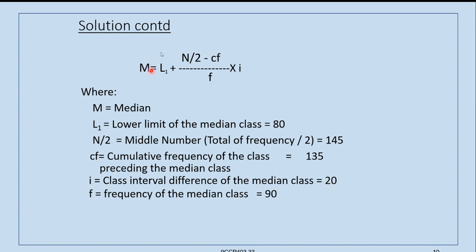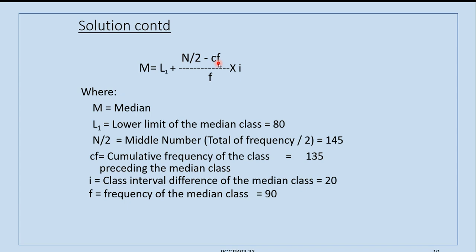So applying this formula, we got L1 as 80, n by 2 as 145, and Cf is 135. That is the cumulative frequency preceding the median class 80 to 100, above is 60 to 80.